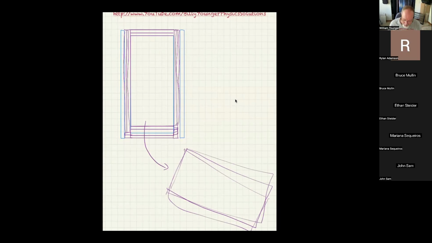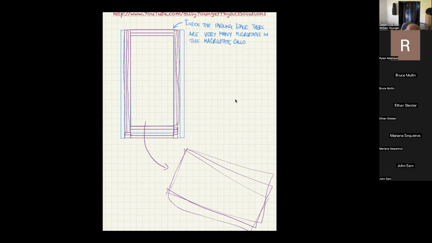So you're actually going from a place where inside the parking space, there are very many microstates in the macro state called parked.